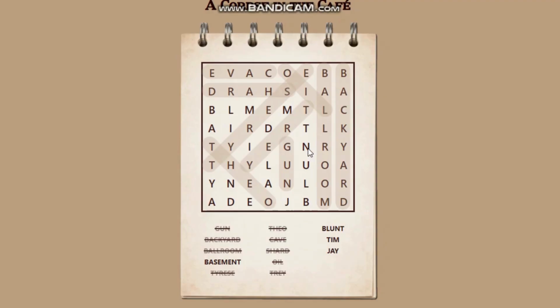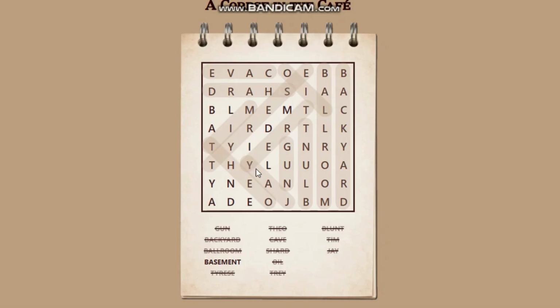The next word is Tim. There we go. No, the next word is blunt, but I already found Tim. But here's blunt right here, and the last name is J.